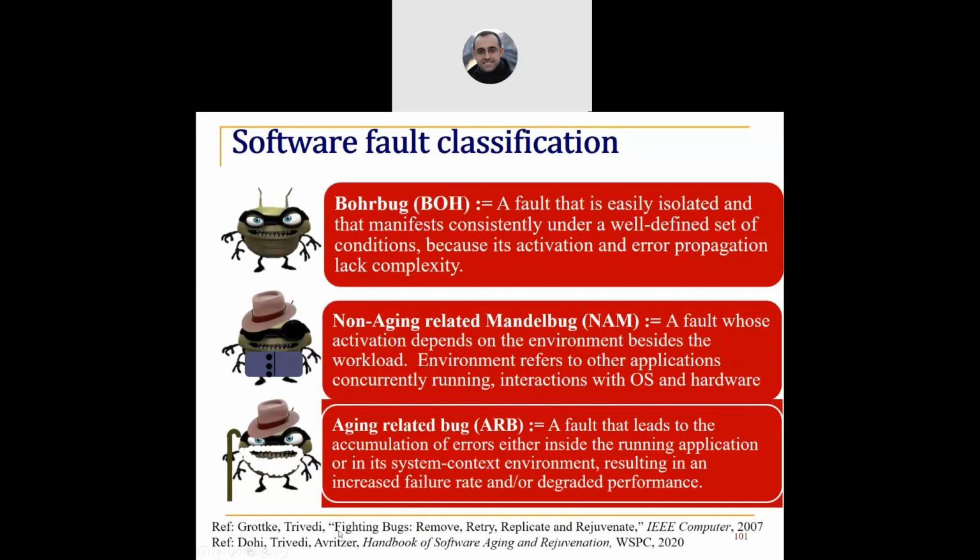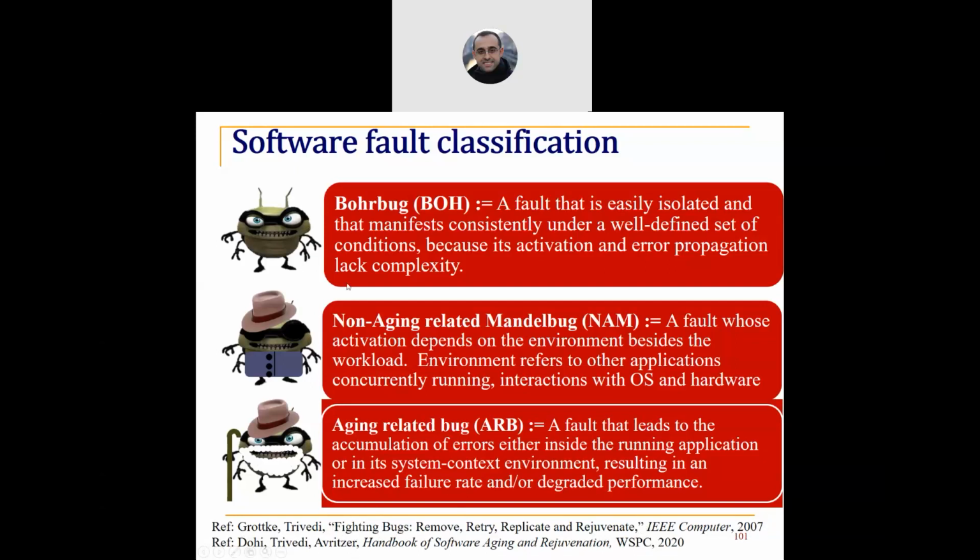And very easy reading on this classification of bugs is this paper in IEEE Computer in 2007 that Michael Grottke and I wrote. This is perhaps one of the few papers that I've written that has no equations whatsoever. So it's a fairly easy bedtime reading if you like.